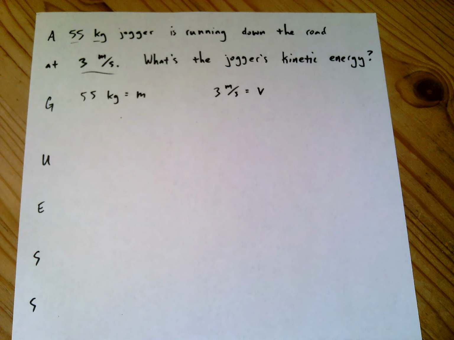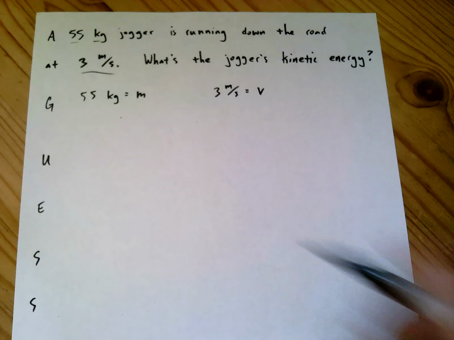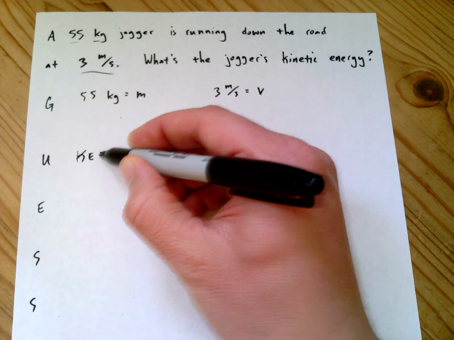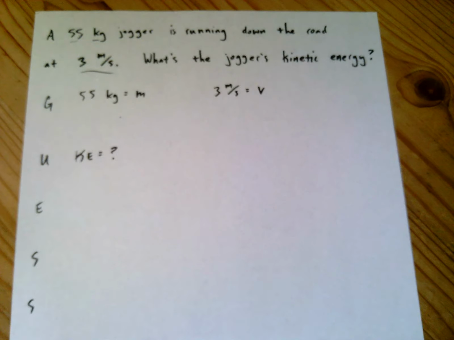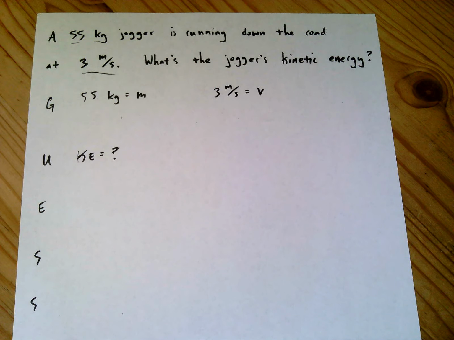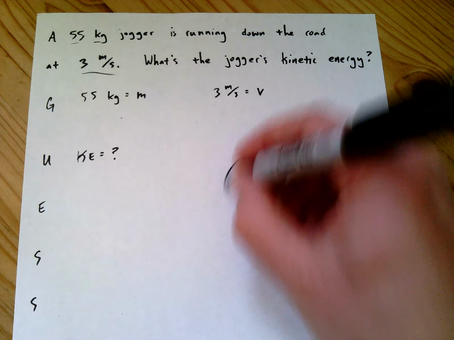Our unknown, well, the problem says, what's the jogger's kinetic energy? So I'm just going to put KE for kinetic energy equals question mark. And again, our equation from the notes that you took at the start of chapters 14 and 15, our kinetic energy equation looked something like this.